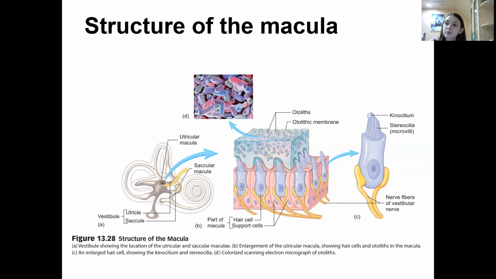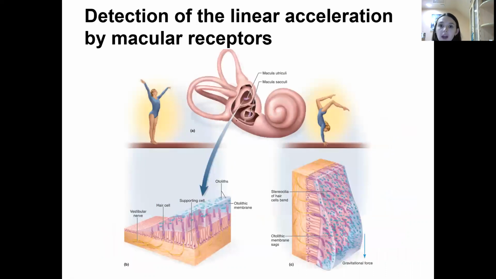The hair cells move due to the movement of the otolithic membrane, which pushes them in the direction of acceleration. Each hair cell is innervated by the vestibular nerve, the 8th cranial nerve, which sends information to the higher centers of the nervous system.